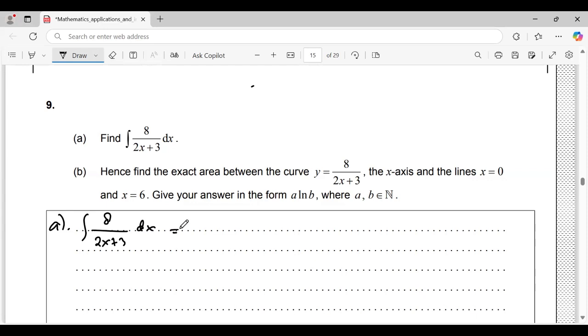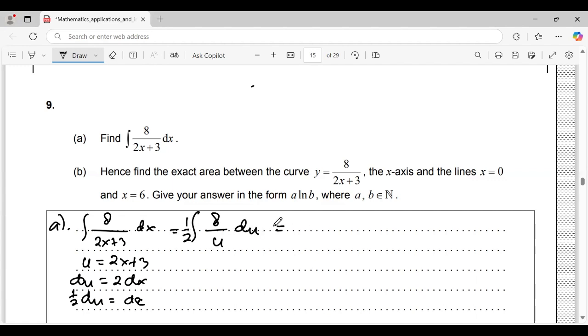So firstly, let u equal 2x plus 3. It means du equals 2 dx, so 1/2 du equals dx. So this integral we can convert into du, it comes like this: 8 over u times 1/2 du.